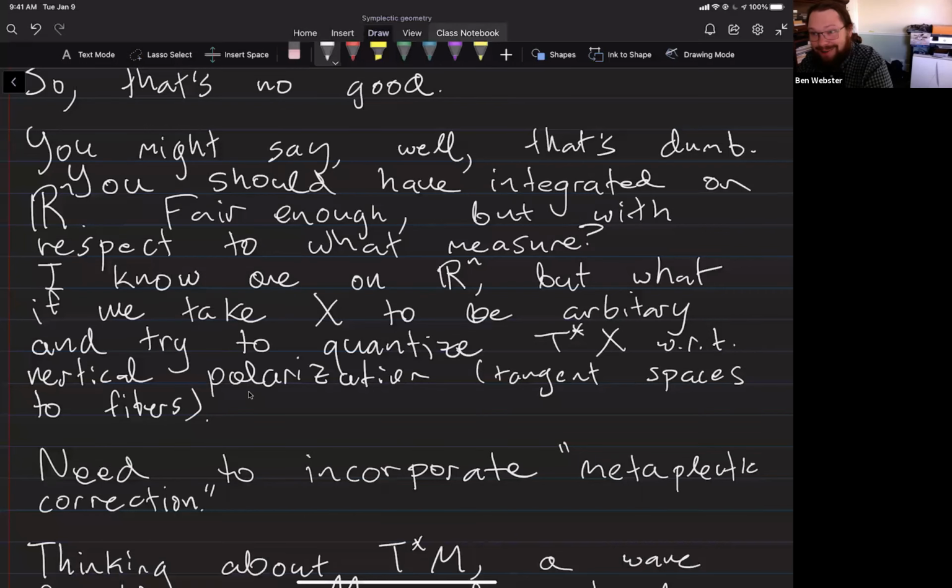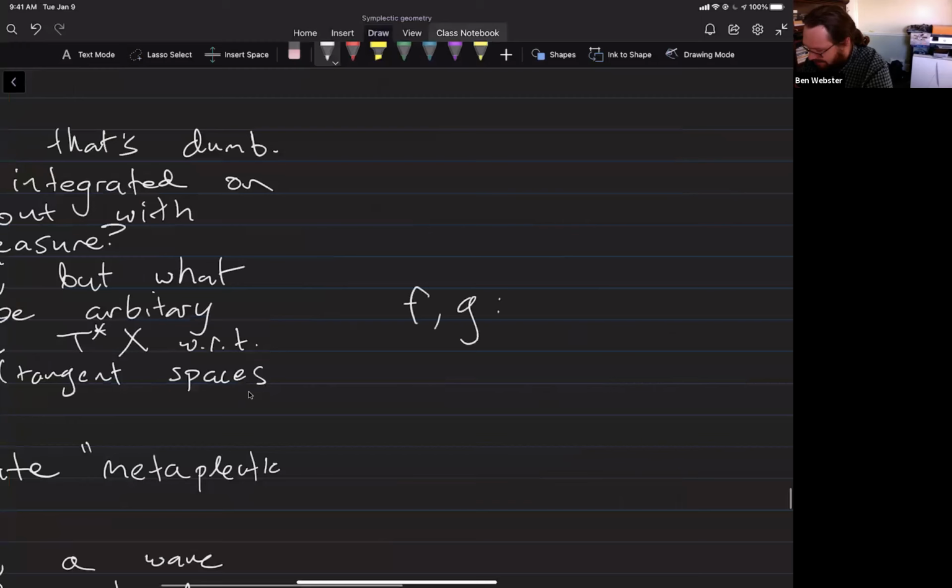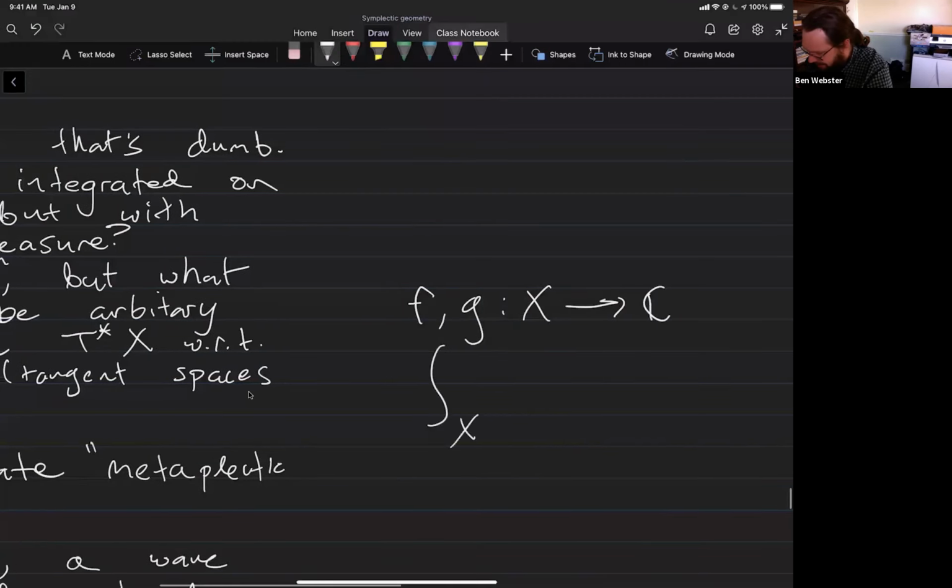It makes absolutely no sense to say that I'm going to take f and g to be functions from X to C, and then integrate over X f times g bar. I need a volume form here.